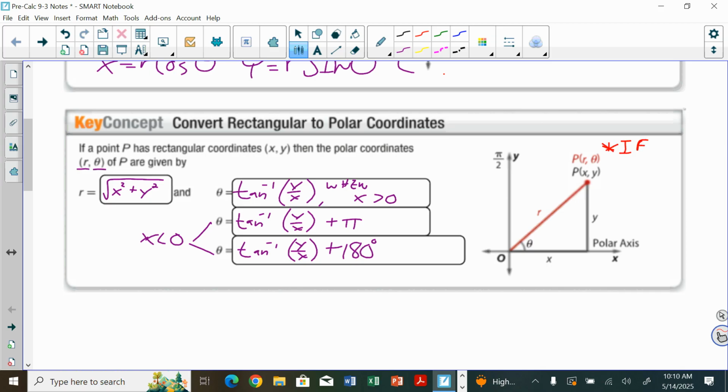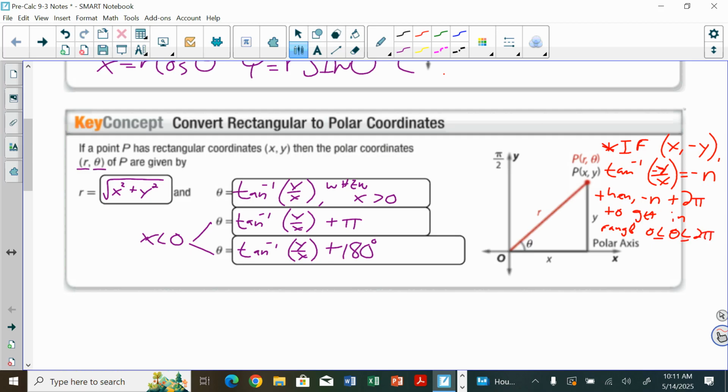If you have x comma negative y, you're going to take the inverse tangent of negative y over x, and that's going to give you a negative angle. What you have to do, and this is the key, is take that negative angle and add 2 pi to it, because that will get it into the range we want, where theta is between 0 and 2 pi.